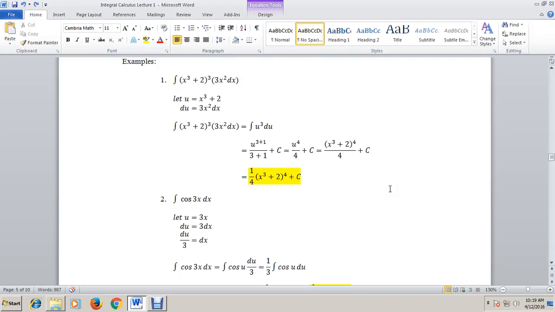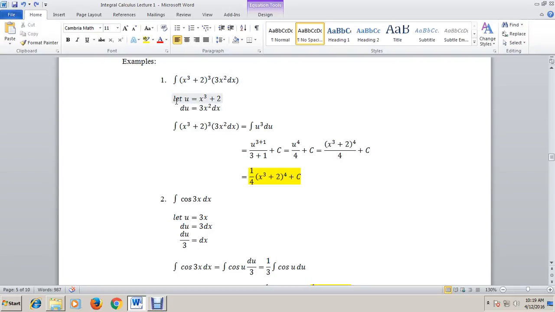Okay, so example number 1, you are given the integral of x cubed plus 2 raised to 3, multiplied by 3x squared dx. The idea here is to represent one expression in terms of the other and find the derivative, hopefully so that the derivative will result in one part of the expression.